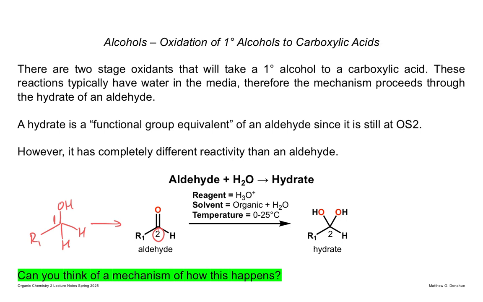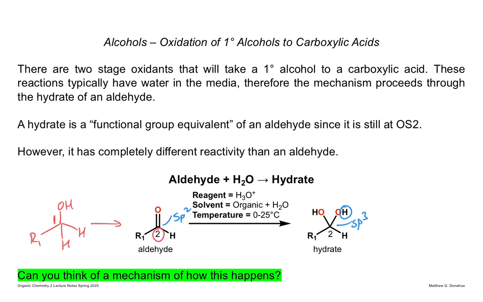So there's been no change in that. However, the main difference is this is sp2 hybridized, and now this is sp3 hybridized. And this has the H that we need.